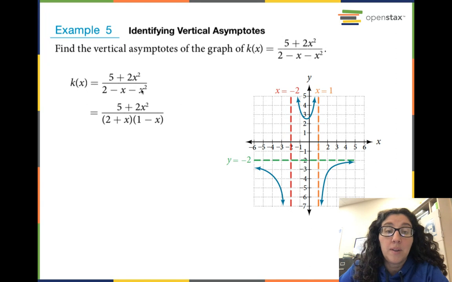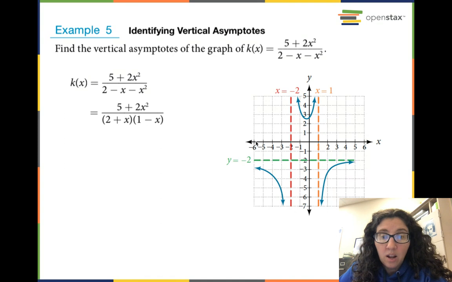I would probably write this as minus x squared minus x plus 2, and then factor it as x plus 2 times minus x plus 1. Anyway, at any rate, they did it in this order. And we can see, can we cancel anything out with the numerator? No, we can't simplify this at all. So at -2 and at 1, we're going to have vertical asymptotes.